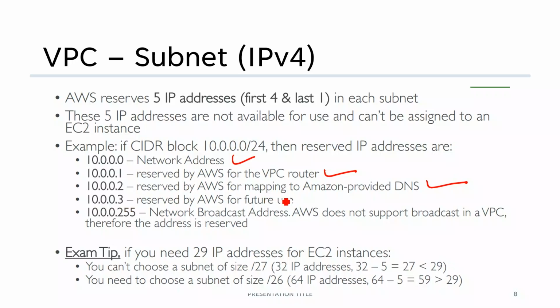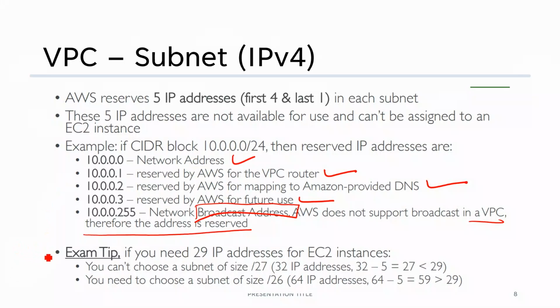And .3 is reserved by AWS for future use. It is just kept like that, reserved. And .255 is a broadcast address, and AWS does not support broadcast in a VPC. Therefore, the address is reserved, because you cannot broadcast to all of the devices in an AWS VPC. That is not possible in this case. That is why you cannot use that particular address. But in general, this is a broadcast address.